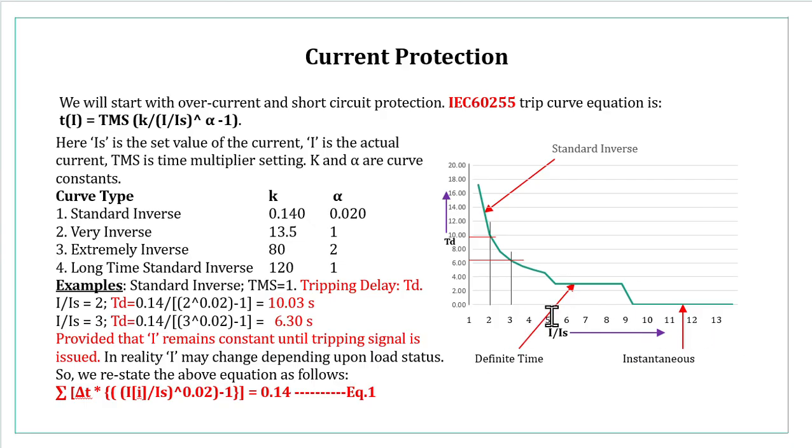If I upon IS is 5, then you are somewhere here, that is, after so much time, you will trip. If it is 3, then you take about 6 seconds to trip. If it is 2, then you take about 10 seconds to trip. So the higher the severity, the shorter the tripping time.